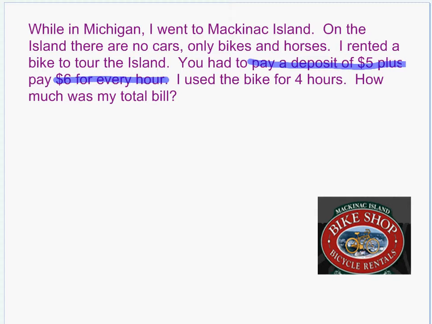So I know it's $5 plus $6 for every hour. Now, how many hours did I use the bike? For 4 hours. So, 6 times 4 is how much I'll have to pay for the usage per hour.